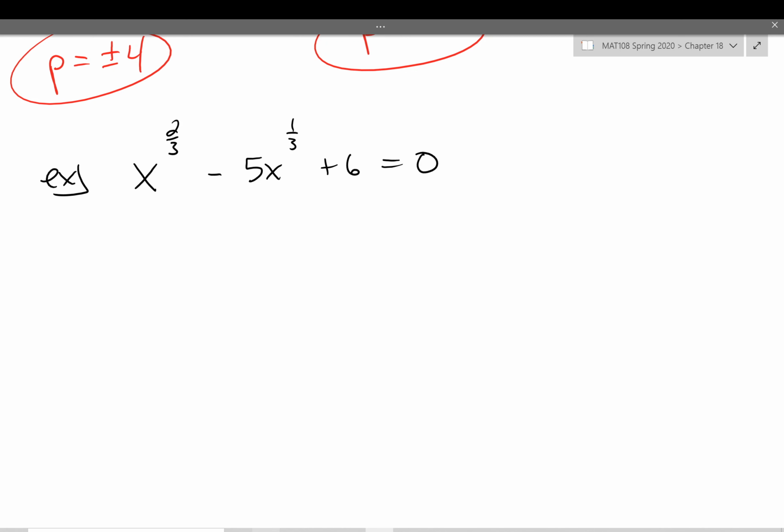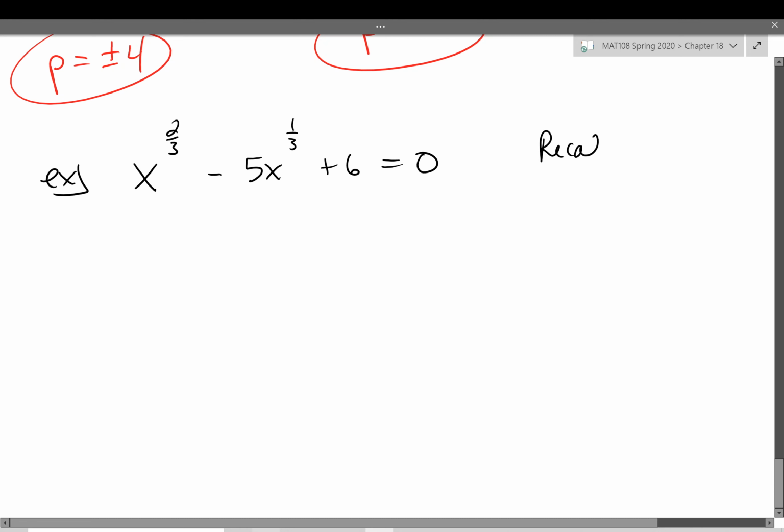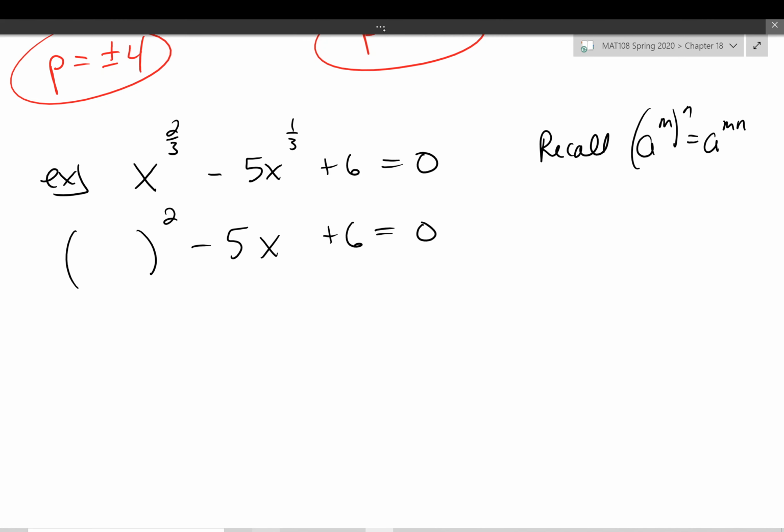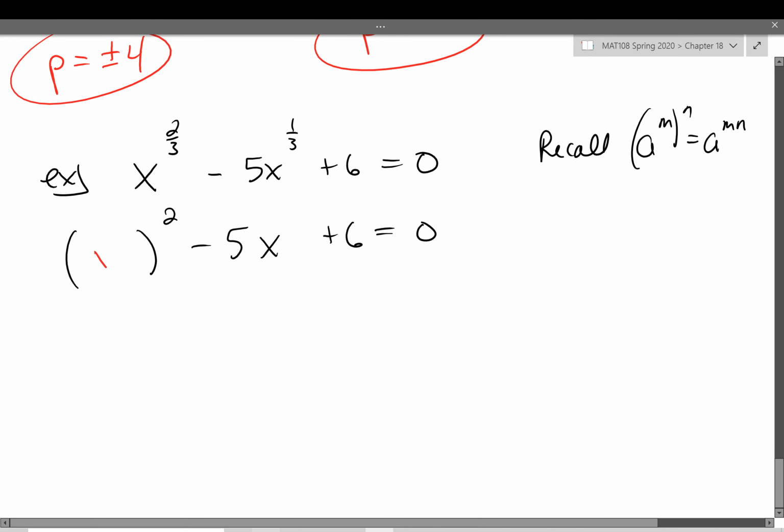But what I want to do is I'm going to rewrite this. I'm going to show you what's happening here, all right? You have to recall, just like in the previous problem, all right? A power raised to a power means you multiply the powers together, all right? So watch what I do here. Let me write this out first, and then I'm going to show you what I did, okay? I'm just going to write it out real fast.